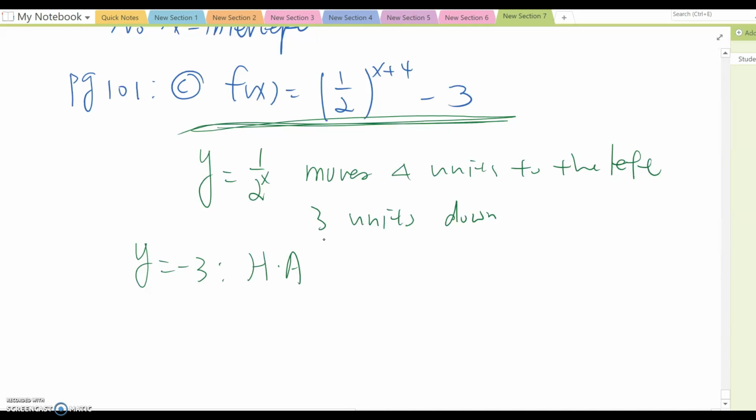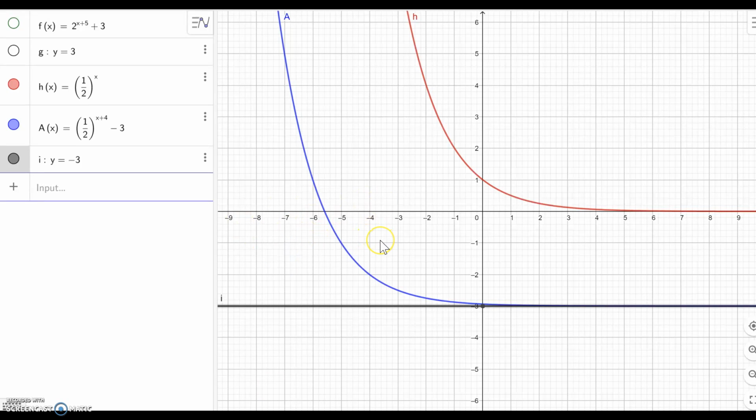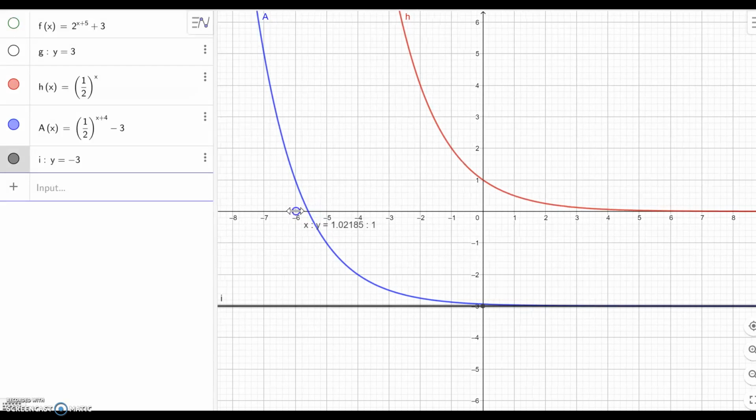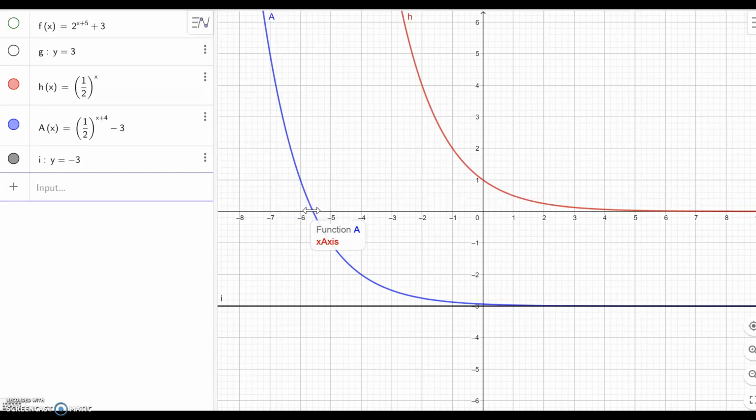Okay? But now, because the graph is under the x-axis, we can find both the y-intercept and the x-intercept here. So I'm going to find out this point.